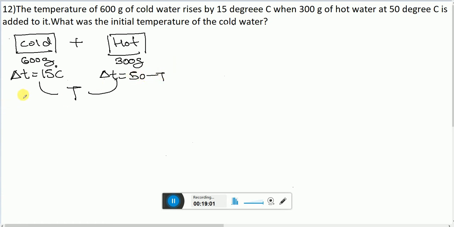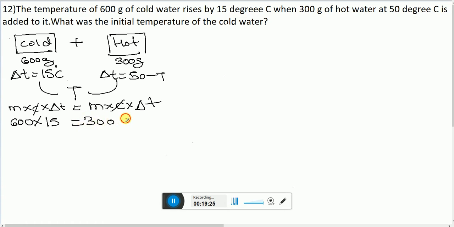Alright, now again using the principle of calorimetry, this is m into C into delta T. Mass in this case is 600. Specific heat capacity is not mentioned. Obviously, it is considered as same here. This will get cancelled. Change in temperature for this is 15 degree. Here mass is 300.